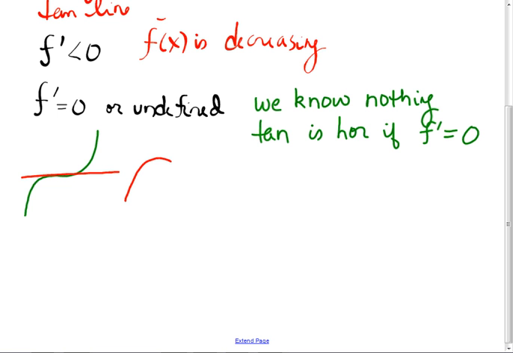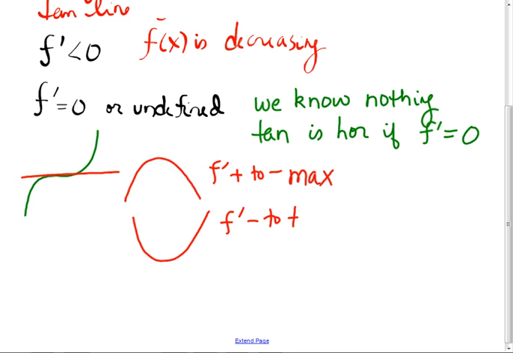If I have a function where f prime is going from positive to negative, I don't care if it's 0 or undefined. Irrelevant. What's going to be true there? Okay, girls, what's going to be true, Natalie? If f prime goes from positive to negative, I have a maximum. What if f prime goes from negative to positive? I have a minimum. Do you remember the name of this test?